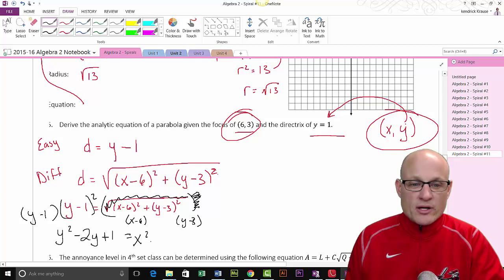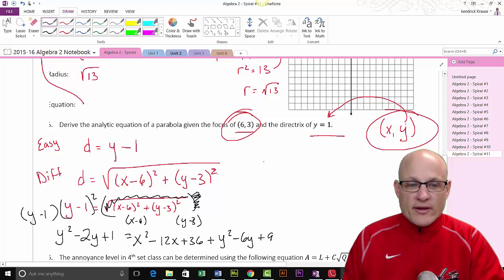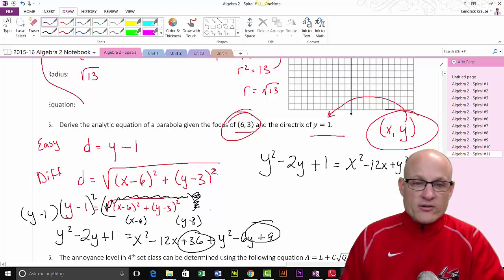So I end up with x squared minus 12x plus 36 plus y squared minus 6y plus 9. Let me clean all that up here. So I get y squared minus 2y plus 1 equals x squared minus 12x plus y squared minus 6y plus 45. Now the 45 comes from this 9 and this 36.